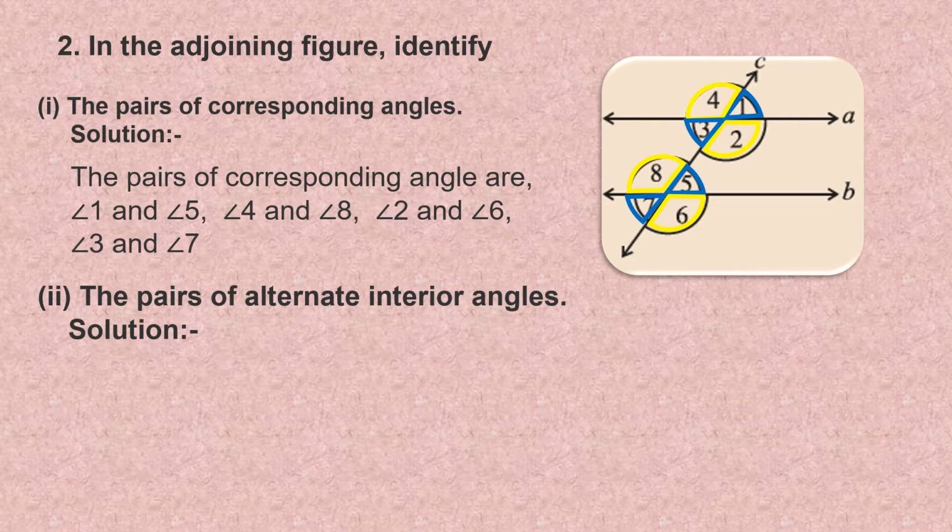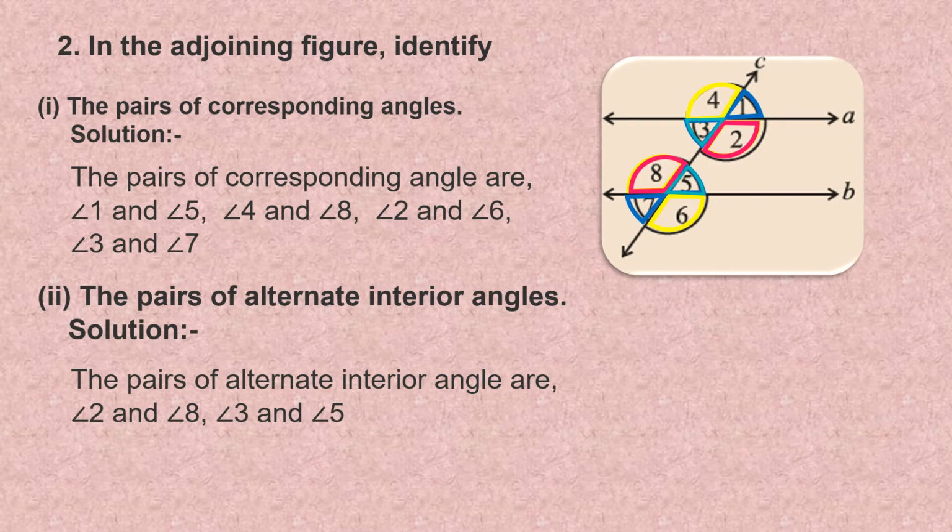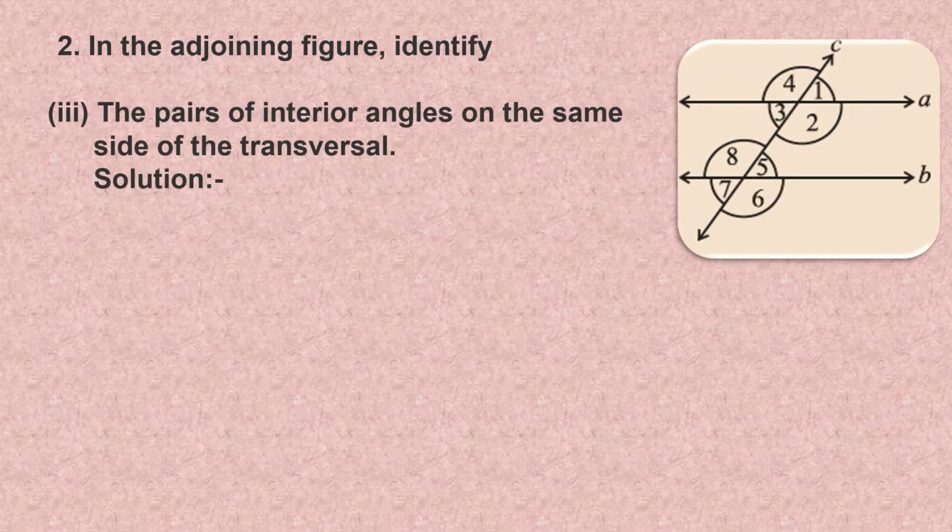Pairs of alternate interior angles. We already know this: angle 2 and angle 8, then angle 3 and angle 5 are alternate interior angles. The pairs of interior angles on the same side of the transversal.